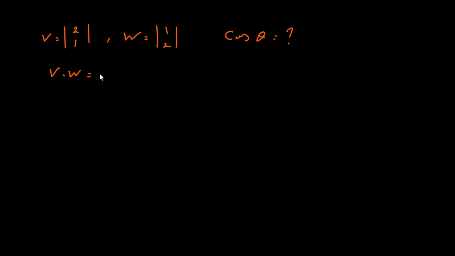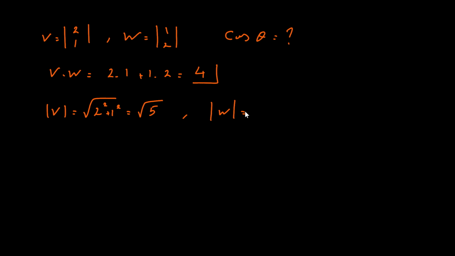So v dot w is going to give us 2 times 1 plus 1 times 2, and that gives us 4. The next thing that we need to do is find the magnitude of each vector. The magnitude of v is the root of 2 squared plus 1 squared, and that gives us root 5. Then the magnitude of w is equal to the root of 1 squared plus 2 squared, and that also gives us root 5.